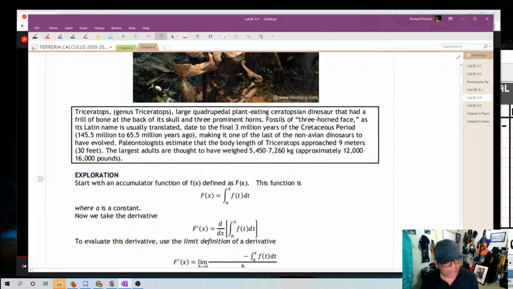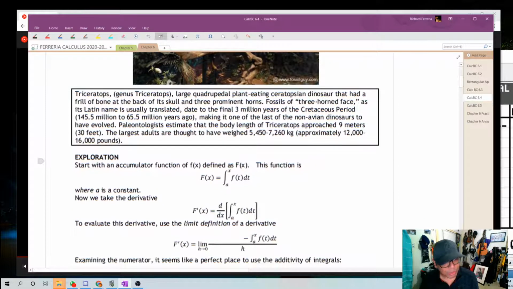A is a constant, and what we're going to do is take the derivative of both sides with respect to x. On the left side, the derivative of big F is just big F prime.